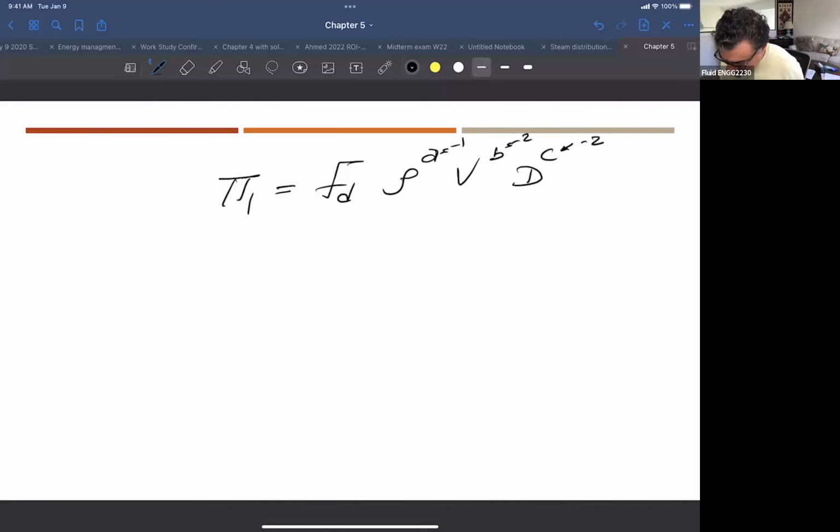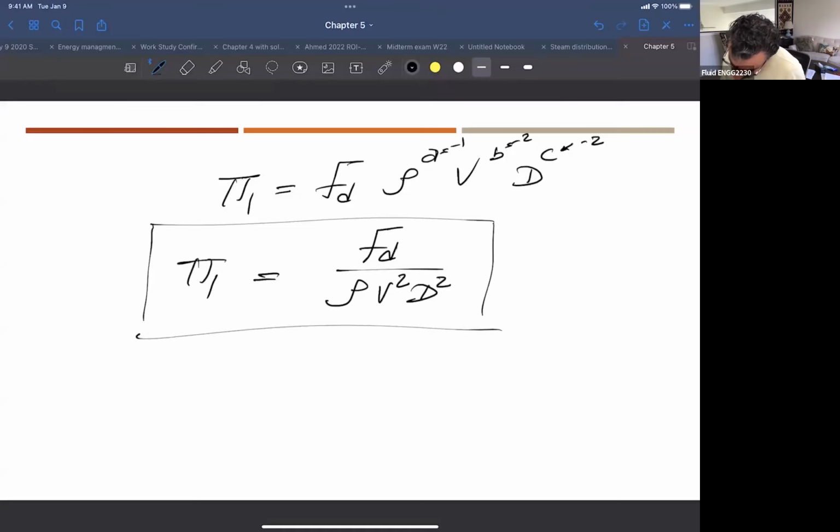So what does that mean? It means that this non-dimensional group is FD divided by rho, divided by V squared, divided by the diameter squared. So pi 1 here is this. If you look at this, FD over rho V squared D squared is a non-dimensional group. Okay. Is it clear, guys?